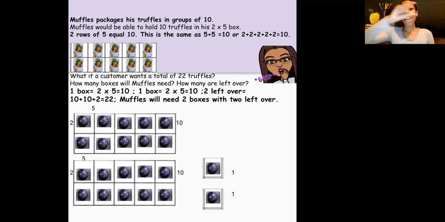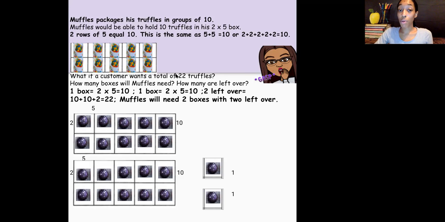So there are 5 in each row as we're looking across. First row has 5, second row has 5. That equals 10. This is the same as repeated addition of 5 plus 5, or 2 plus 2 plus 2 plus 2 plus 2. They both equal 10. This is the array 2 times 5, 2 rows of 5.